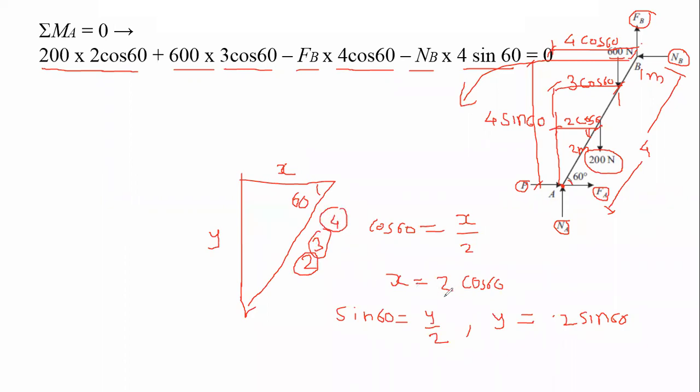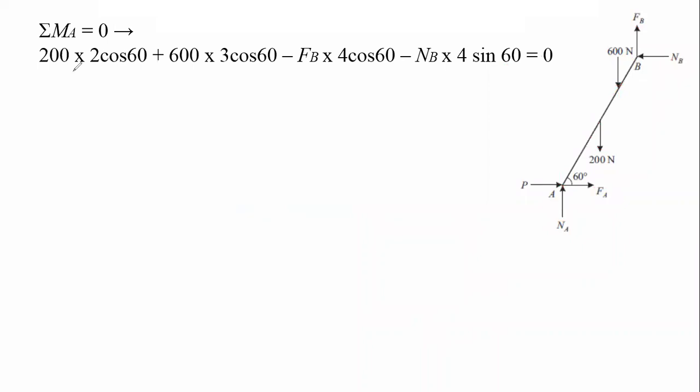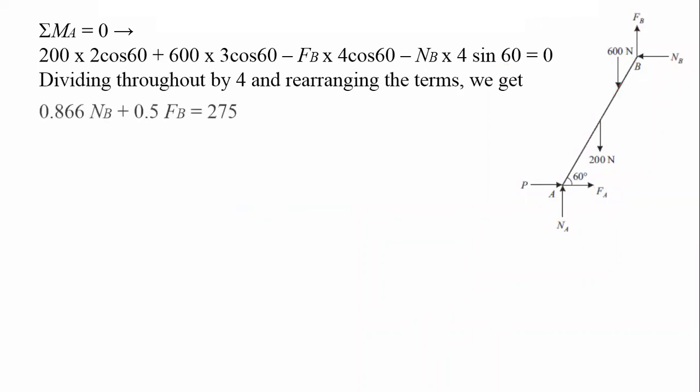Correspondingly, the x distances are 2 cos 60, 3 cos 60, 4 cos 60, and the y distances are 2 sin 60, 3 sin 60, and 4 sin 60. That's why this distance is 4 sin 60. Once you have calculated all these distances, it is easy to find the values.